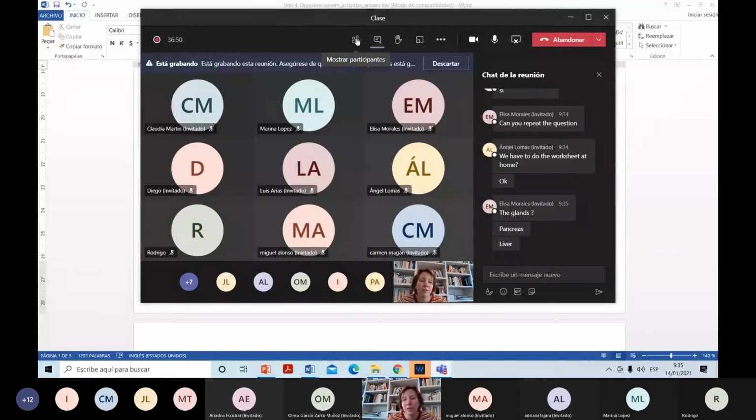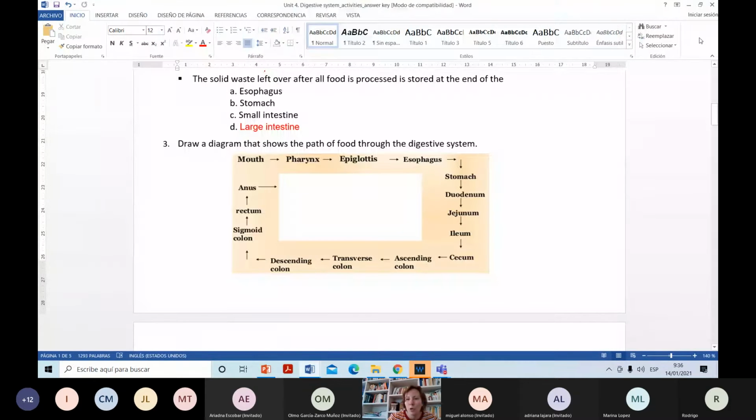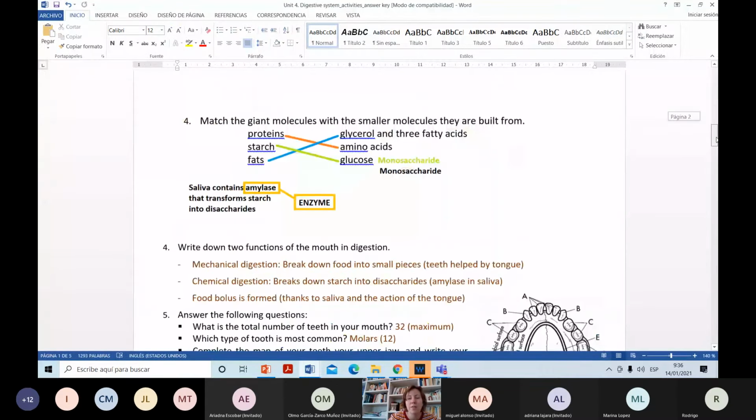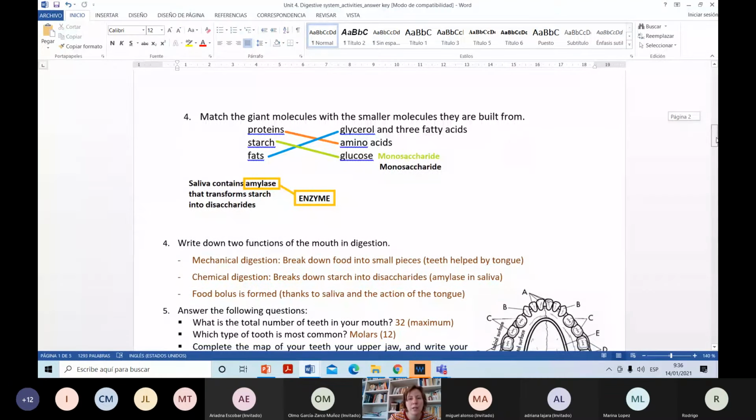So those are the other three that are part of the digestive system, but they are not part of the digestive tube. Perfect. Well, that's activity number 3.